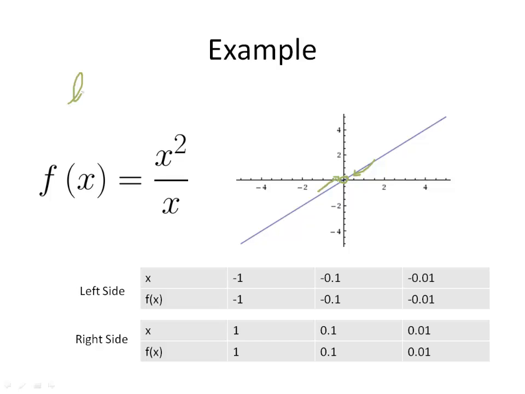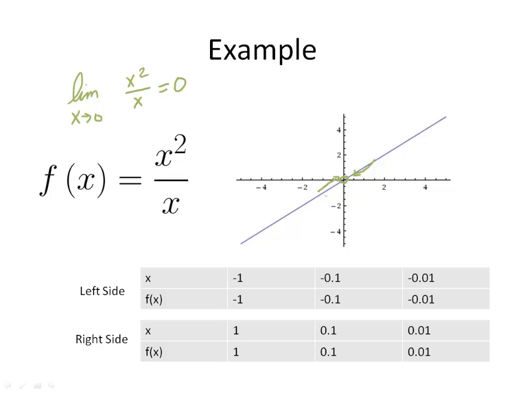And let me write it like this. Limit as x approaches 0 of x squared over x is equal to 0. Even though there's a hole, even though it is undefined at that point, we're interested in what the values to the left tend to and the values from the right tend to.